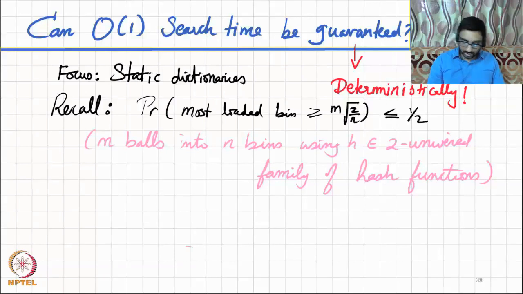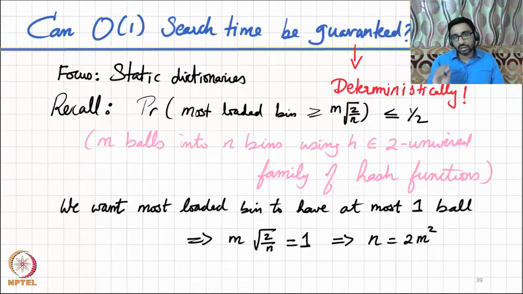We have m balls and n bins, and these balls are hashed into bins using a hash function that's chosen uniformly at random from a family of hash functions. Then we know that the probability that the most loaded bin is more than m times square root of 2 over n is at most a half.